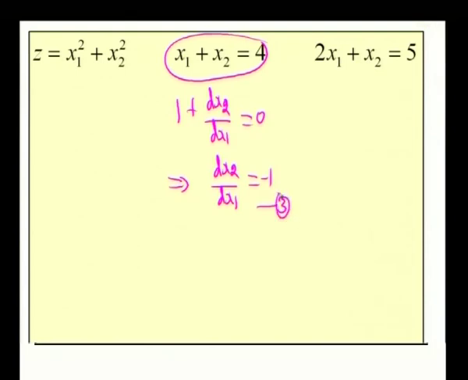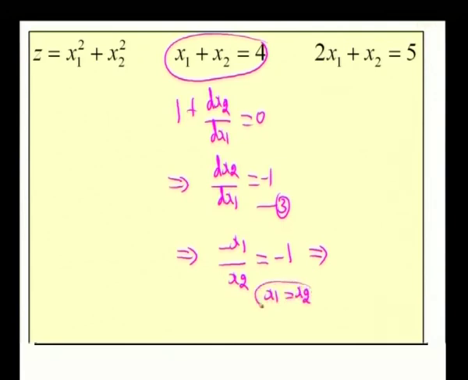Now, we already proved that dx2 by dx1 equal to minus x1 by x2, which is equation 1. Now, we have also shown dx2 by dx1 equal to minus 1. So, using equation 3 in equation 1, instead of dx2 by dx1 the value from equation 1 is minus x1 by x2, which is nothing but minus 1. From this, we have x1 equal to x2.